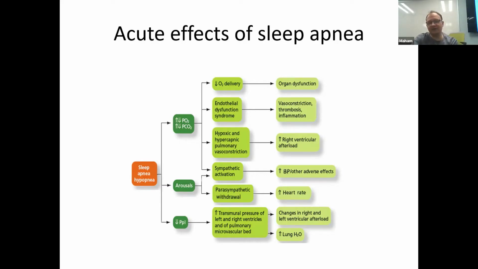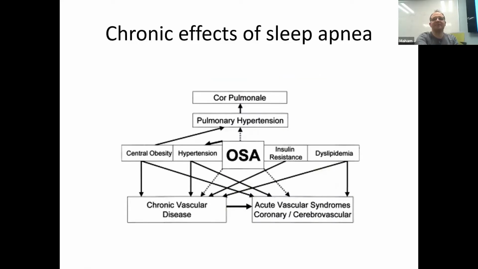So everything is connected, and it seems like not in a good way, right? That's too bad. So chronic effects here of sleep apnea, you get your hypertension, insulin resistance, and dyslipidemia. You add your central obesity to that, and then you've got chronic vascular disease and strokes, heart attacks, peripheral vascular disease, pulmonary emboli.